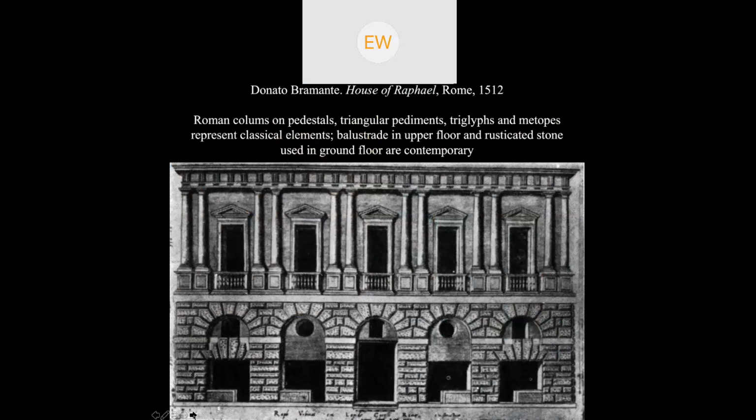a Roman god. And then here we have this elevation view of a Renaissance facade. You see these Roman elements with triangular pediments, columns up on Roman pedestals, a rusticated lower area with the Roman arches, and balustrades here.